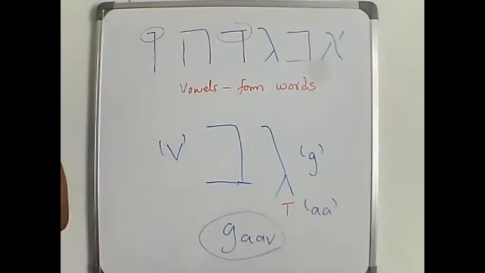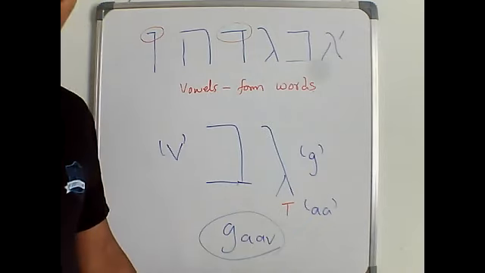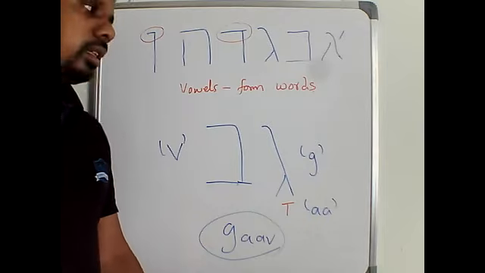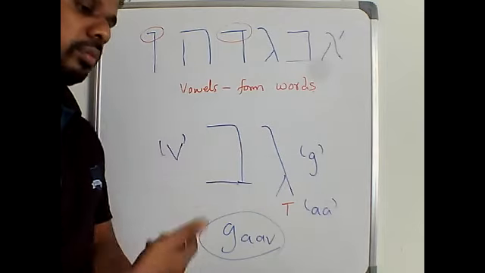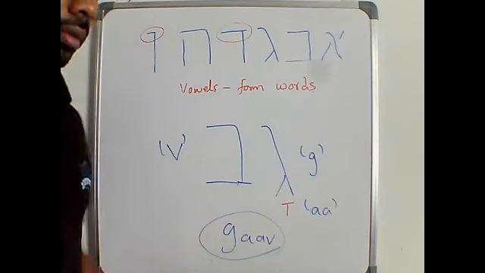Gav. Okay, it looks like a math formula. Sometimes you have to memorize certain formulas in math, right? So in a similar way, try to understand the formula for how to read Hebrew.